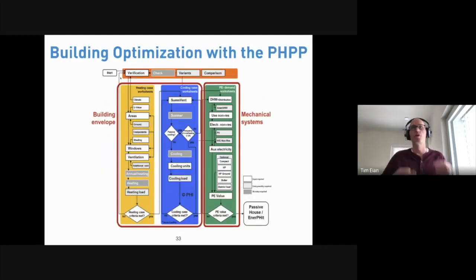Don't want to go through the whole thing here, but basically what happens in a PHPP is you're optimizing the building using the energy tool feedback, and there is a certain order of events in which you enter the information so that you get to meaningful input and output quickly, and can make the big choices that you need to make. And then from there, you can drill down to much smaller selections and choices.